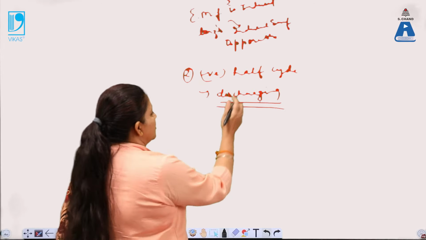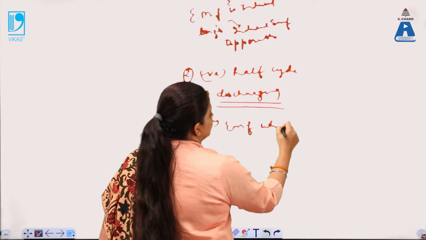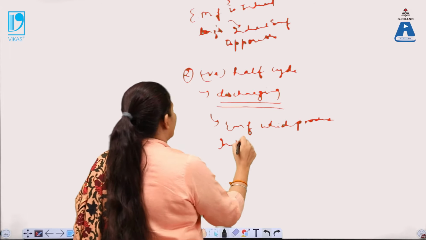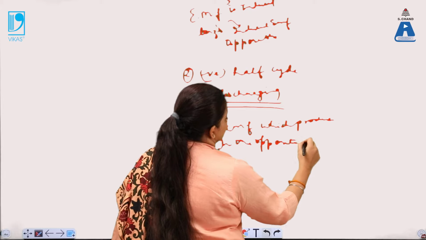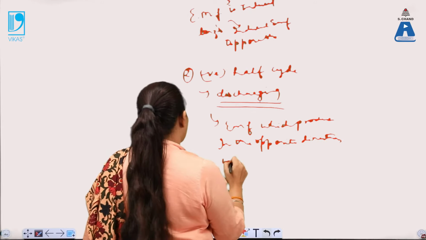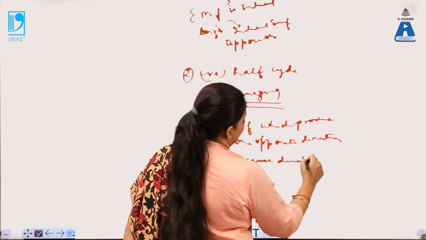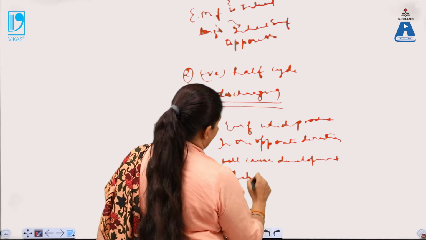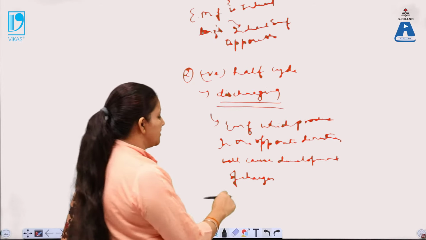Due to discharging of this coil, the EMF which is produced in the opposite direction will cause development of charges, or you can say flow of flux in the opposite direction.